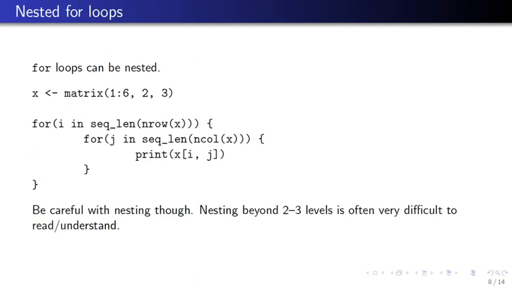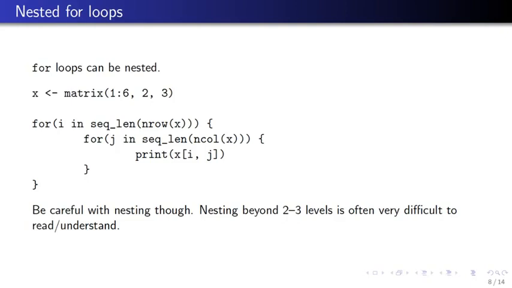For loops can be nested, so you can have a for loop inside of a for loop. So the common thing, for example, is with a matrix that has 2 dimensions, and then you might want to loop over the rows and then loop over the columns. So here, the outer loop, the i index, is looping over the rows, and I'm using a function that's called seq_len. seq_len takes an integer, which in this case happens to be the number of rows in x, and then it creates an integer sequence out of that.